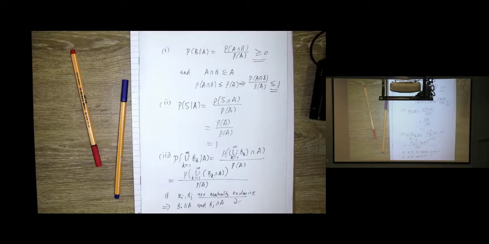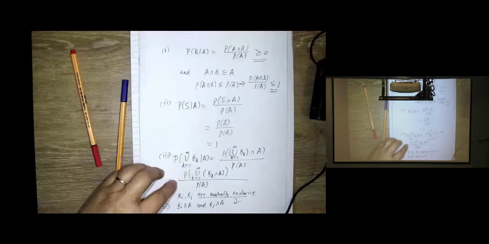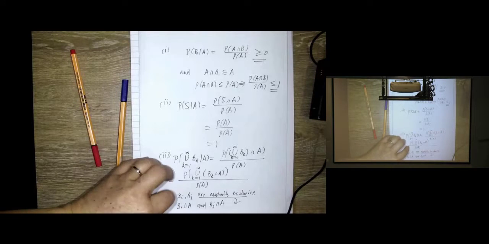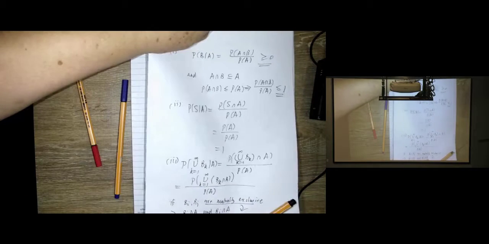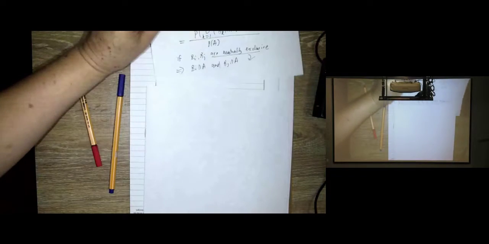Is that okay? Because the original bigger Bi, Bj do not overlap, and now you're looking at the smaller portion of Bi, Bj intersect A. The smaller portion can't overlap. All right? So if they do not overlap, then we will have this.